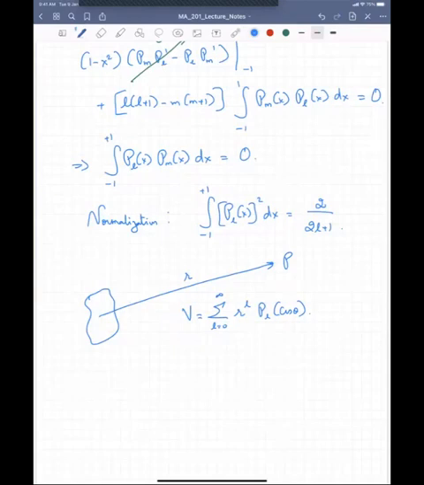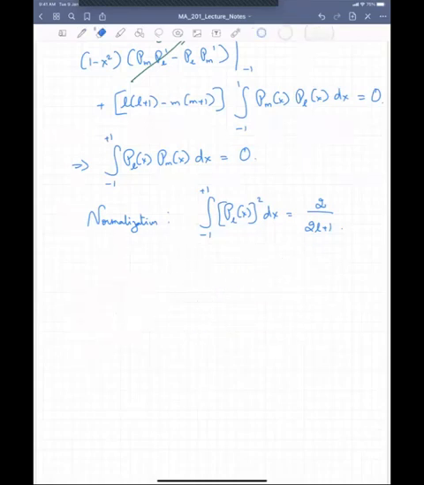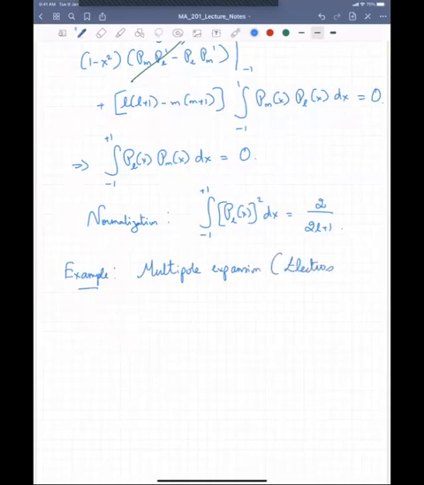All right, so there are many instances where in physics and engineering you see these Legendre polynomials. So maybe I can include a nice tutorial problem. An example of this, which you can look up if you're interested, is called the multipole expansion in electrostatics.